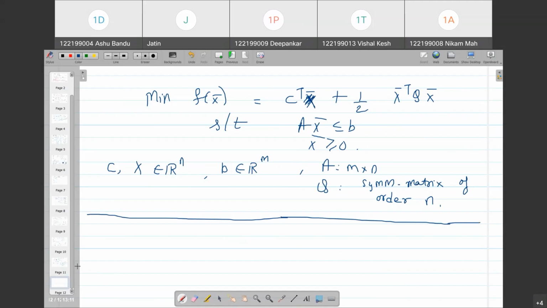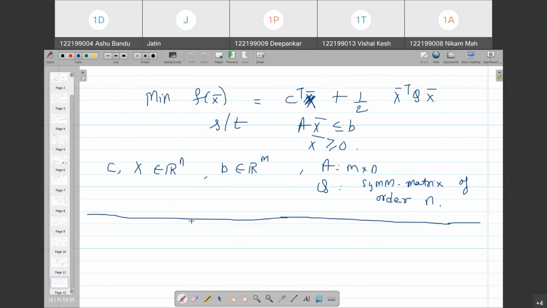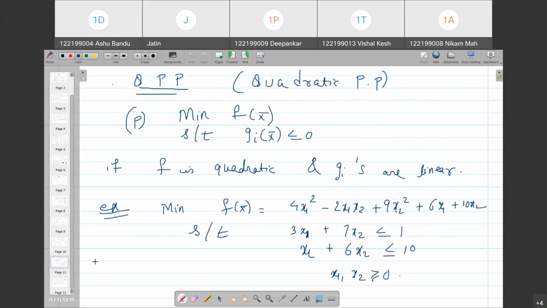Now let us try to write the earlier problem in this form. This is x transpose Q x bar, so this has to be the quadratic term, and the other will contain the linear term. So how will I do it? One can see that the coefficients are 6 and 10.